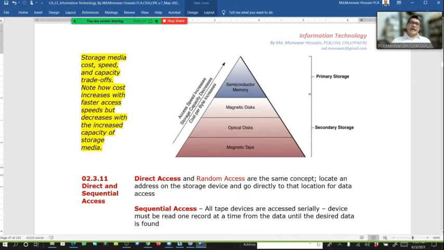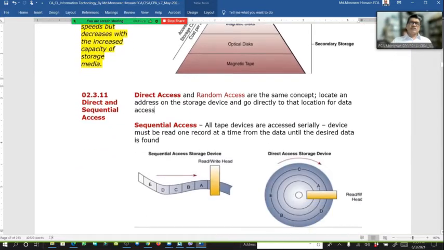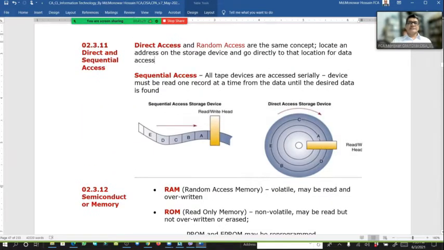Storage is divided into direct access and sequential access. Direct access and random access are the same concept: you locate the address of the storage device and go directly to the location for data access.